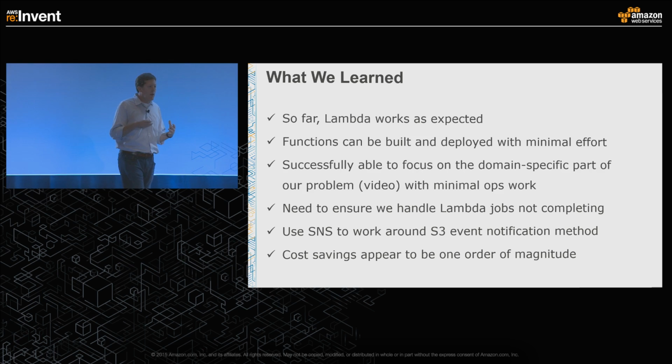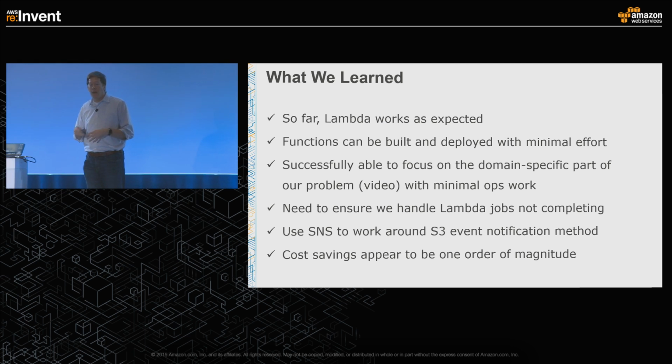Right now, our experience has been every Lambda job completes in about the time we would expect it to complete. As we start to run hundreds of videos through at the same time, I expect there are going to be situations where there are failures. And I don't think we've completely identified how we're going to handle those when that happens. So there's an open question about what we do when a Lambda job doesn't complete the way we expect it to.